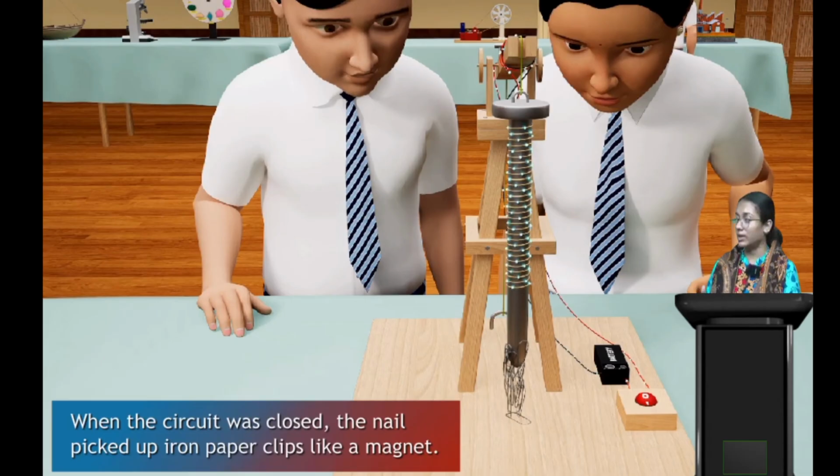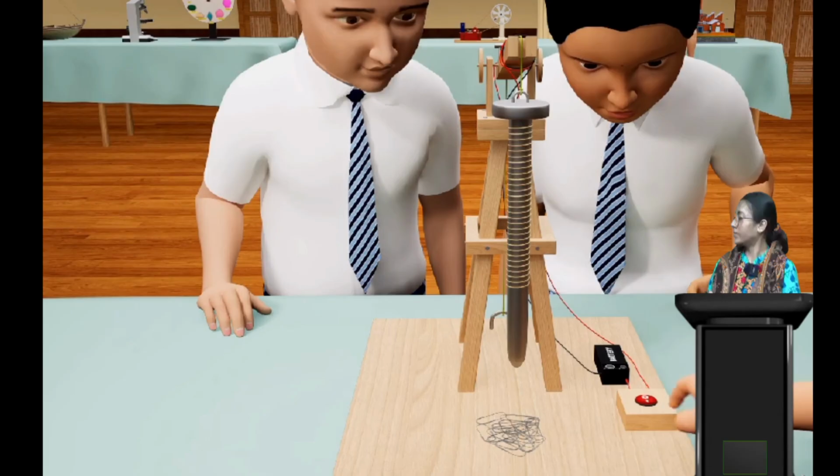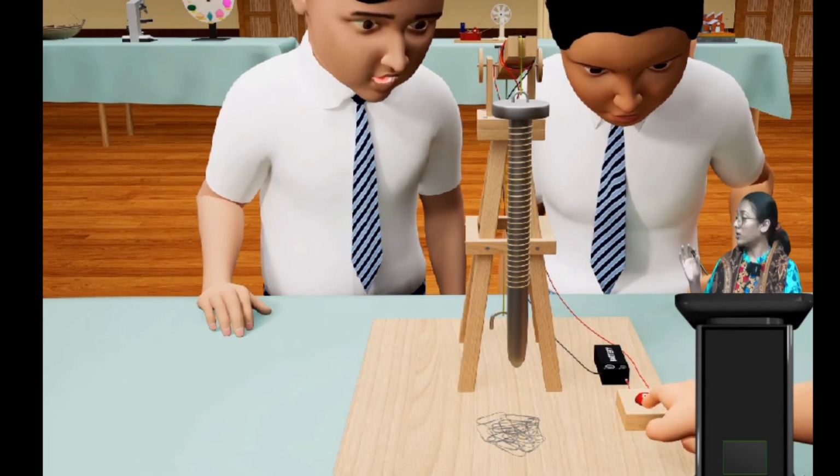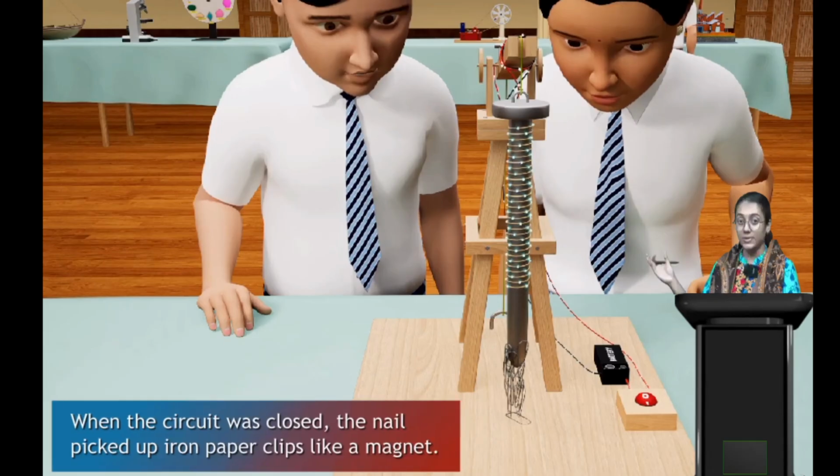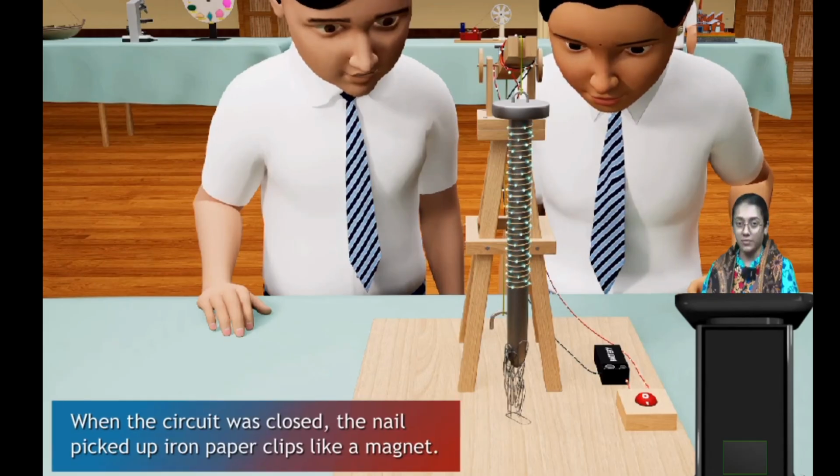The current starts flowing. And what happens? When the circuit was closed, the nail picked up iron paper clips like a magnet. See again, when she turned on the switch, the iron paper clips were attracted towards the iron nail, isn't it?